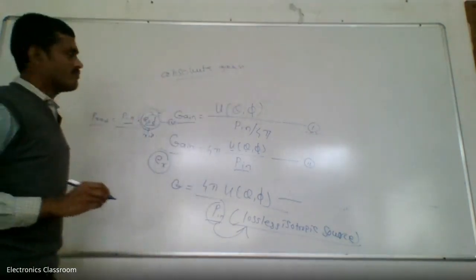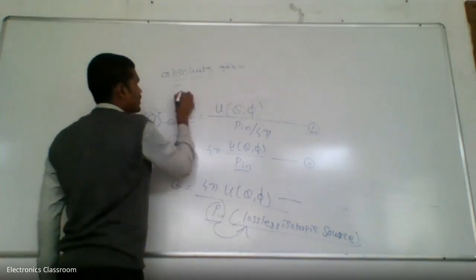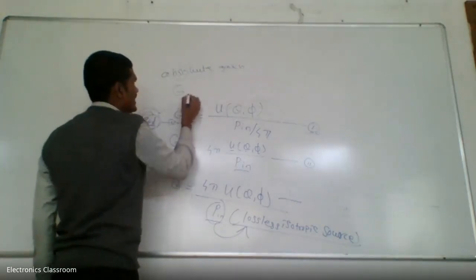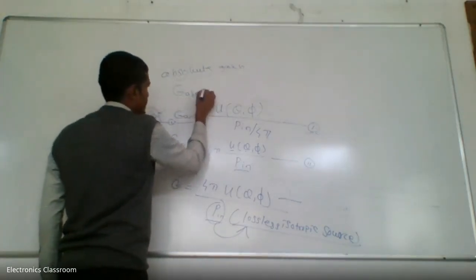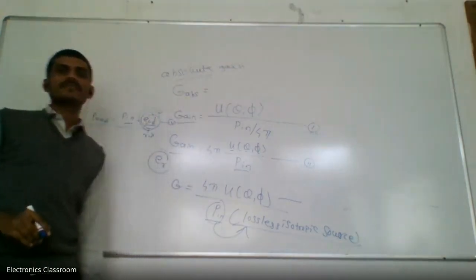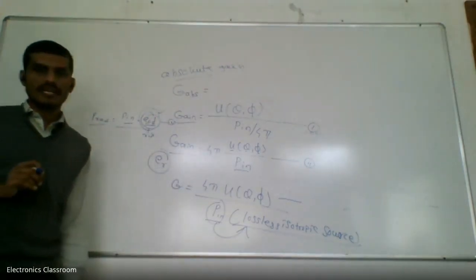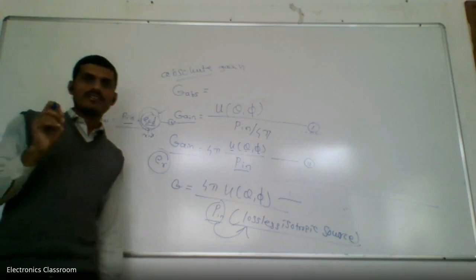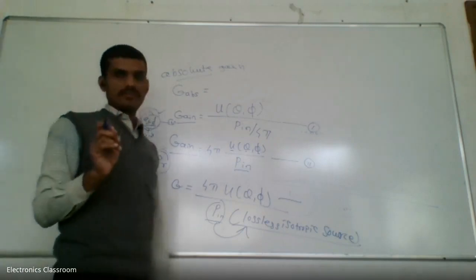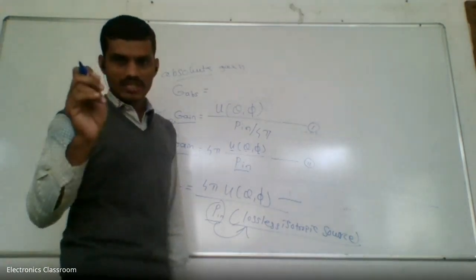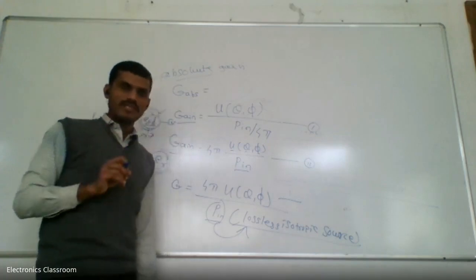ABS is absolute gain, and it can be written as G ABS. That also takes into account the reflection and mismatch losses.